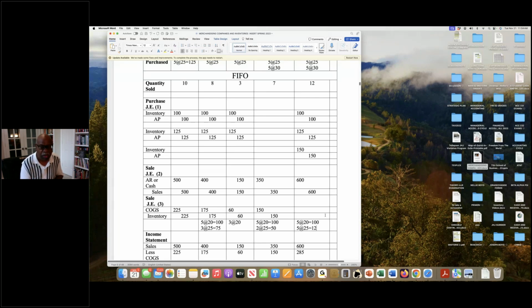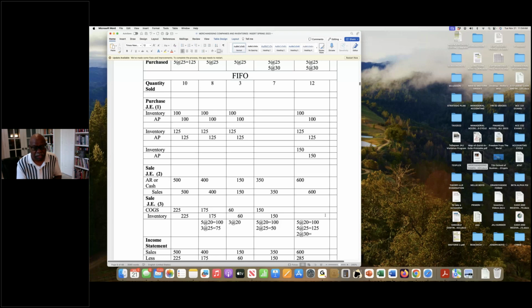And then we sold what? 2 at 30. That would be equal to 60. So when we add these together, 100, 125, and 60, we get 285.